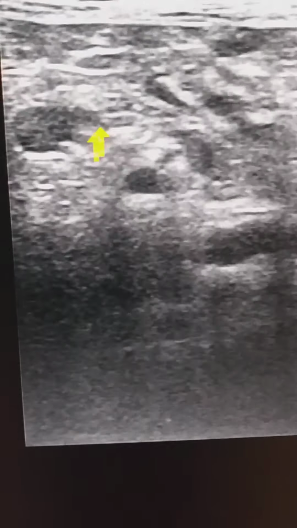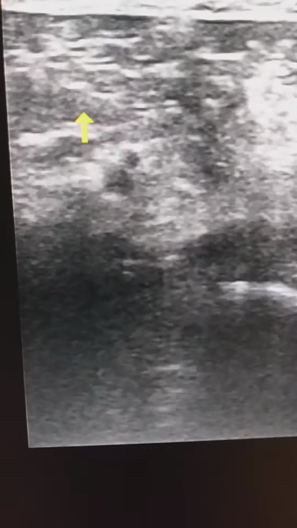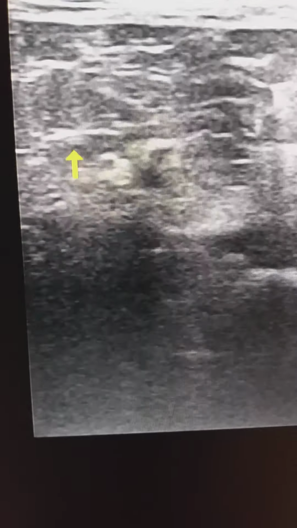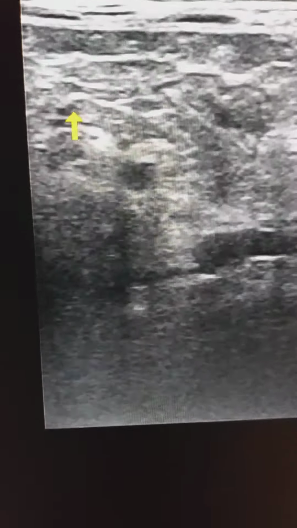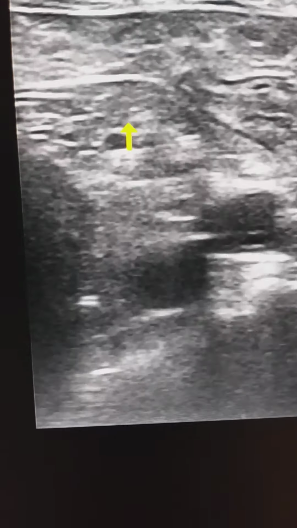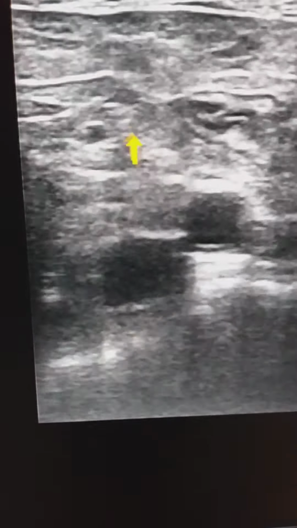Here we can see that few lymph nodes are present. This is the lymph node, smaller sized although. This is the lymph node, this is the lymph node. So few lymph nodes are present in the right iliac fossa.